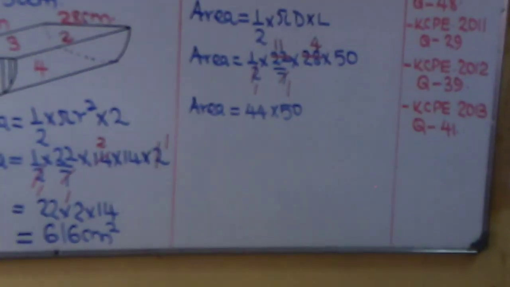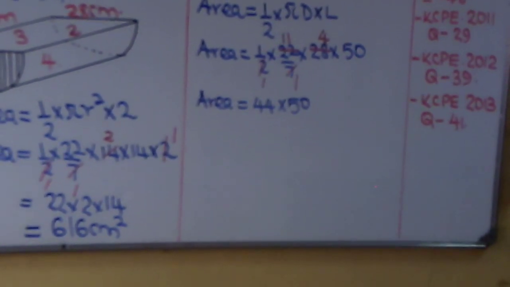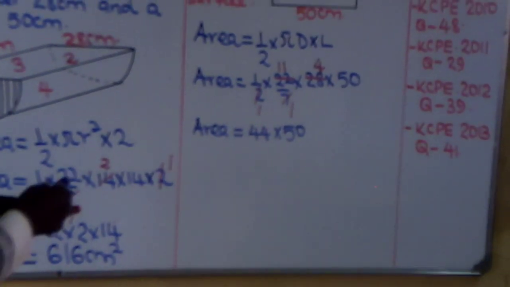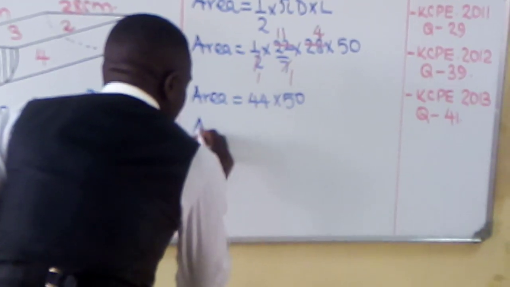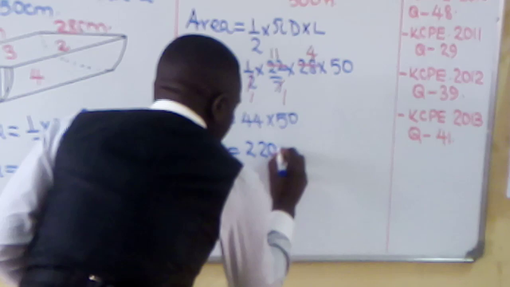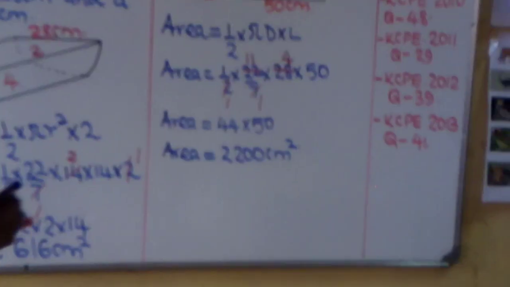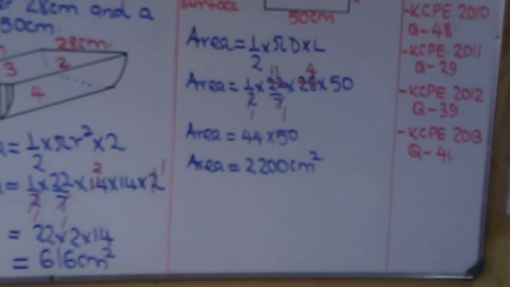And what is 44 multiplied by 50? It is 2,200. So here the area will be 2,200 square centimeters.